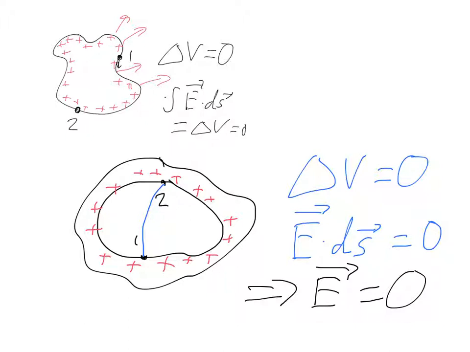So this is actually another proof of why you're safe inside of your car or inside of a Faraday cage, inside of a conducting Gaussian surface, that no matter how charged it gets on the outside, so long as you're not touching anything, the charge can't get to you. There is no electric field inside.